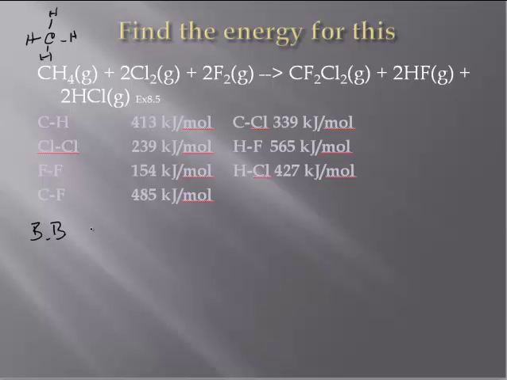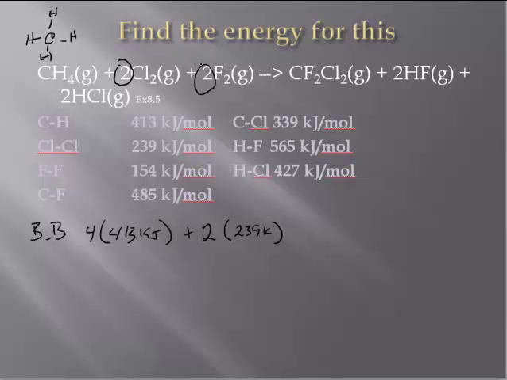I've got 4 times 413 kilojoules. I'm going to leave off mole there. Now I've got chlorine. So here's a chlorine-chlorine bond. But look at this, super important, right? There's 2 chlorine molecules. So it's going to be plus 2 times 239. Now I'm going to break a fluorine, but not just one fluorine.